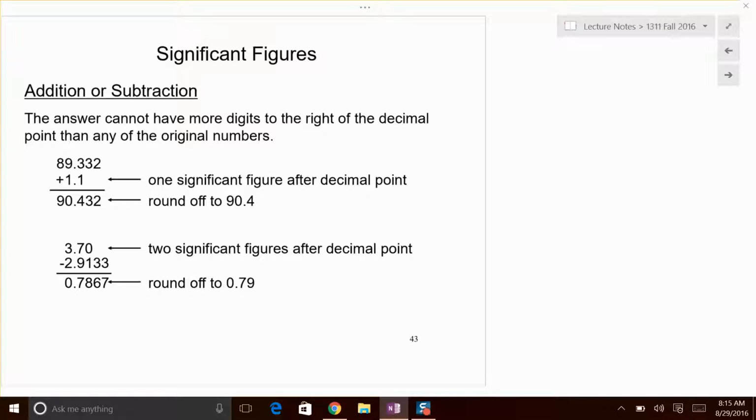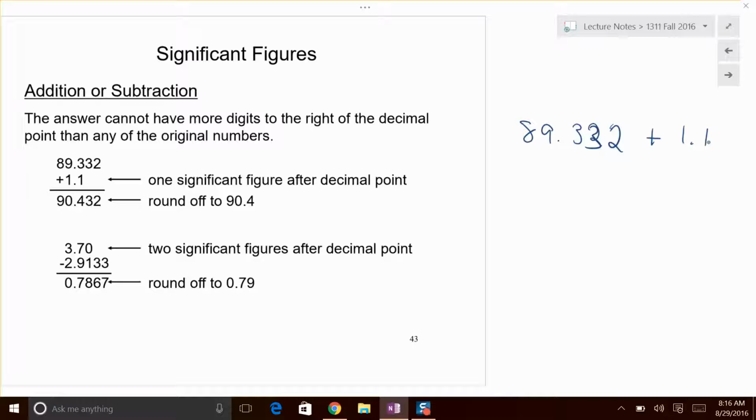Does that mean that every time you do an addition or subtraction question, you have to write it out like this and line it up? No. If I was just given 332 plus 1.1, without lining these up, can you tell how many digits I'm going to keep after the decimal?